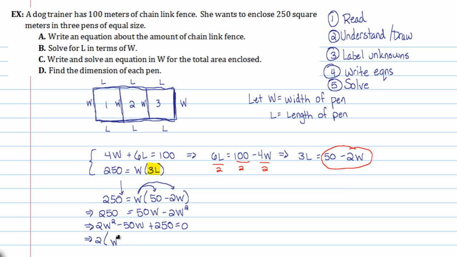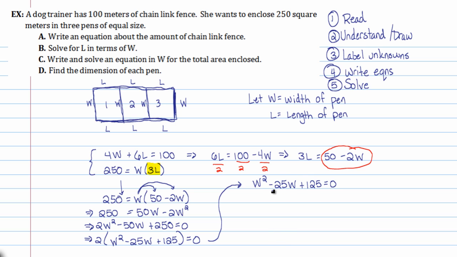I'm left with W squared minus 25W plus 125. And that's equal to 0. And in fact, I could divide both sides by 2 now so that I get the following. W squared minus 25W plus 125 is equal to 0.